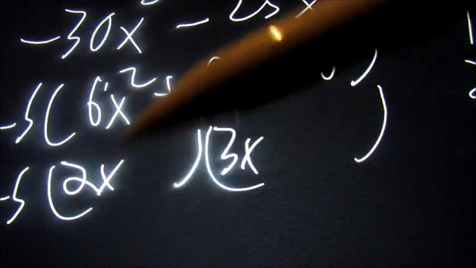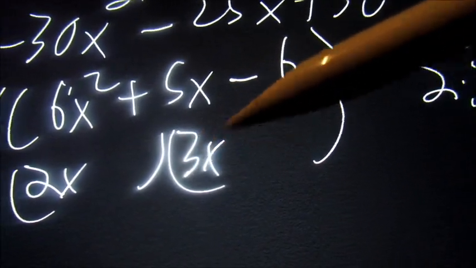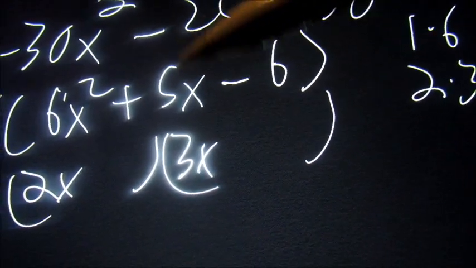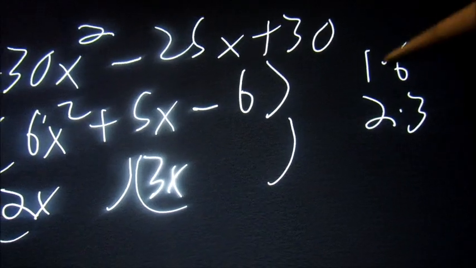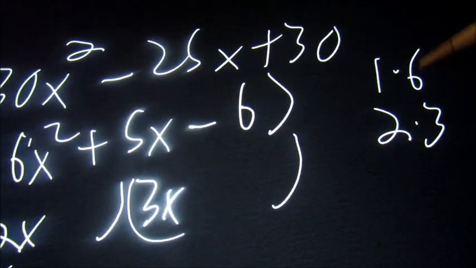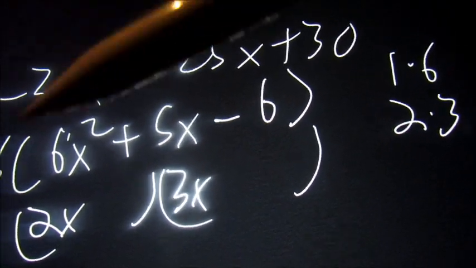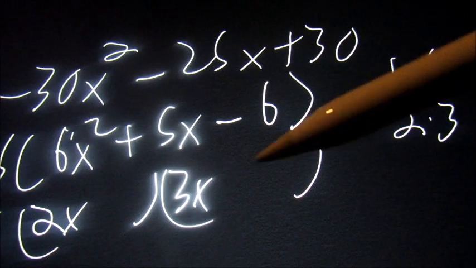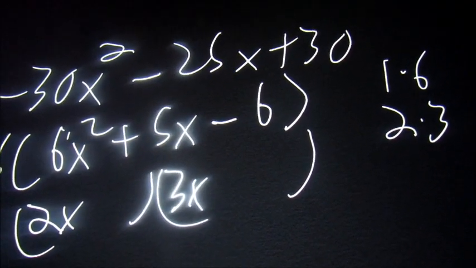So we have to say 2 times one of these factors minus 3 times one of these factors equals 5. So we know that we're going to have to pick some of these numbers. We're going to do a kind of a guessing game, or we can look at what we have here: 2 times something and 3 times something when we subtract to get to 5.